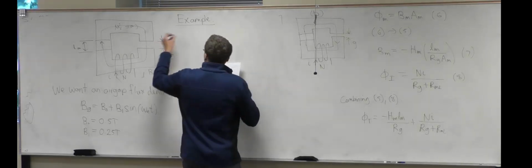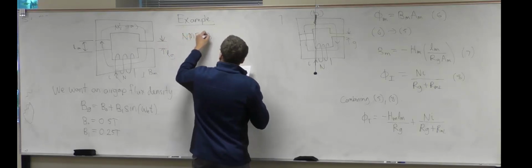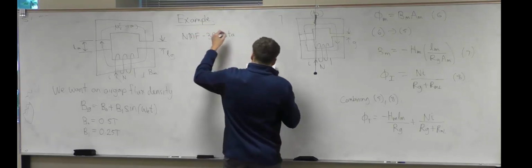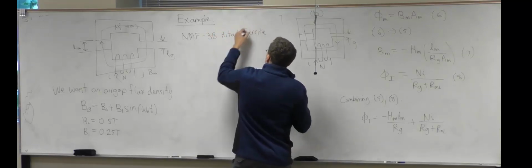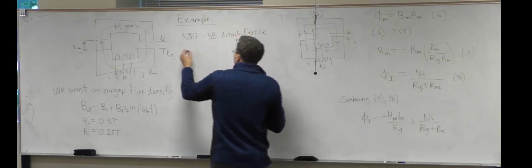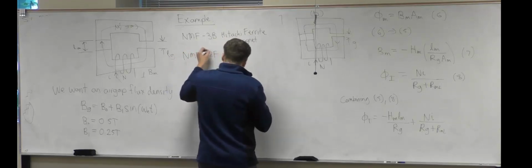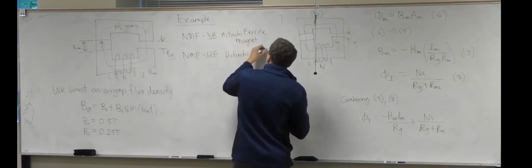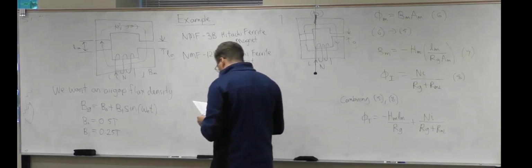So we have a Hitachi NMF 34B ferrite magnet material, or the other option is NMF 12F Hitachi ferrite magnet. So the question is, which one should we use?